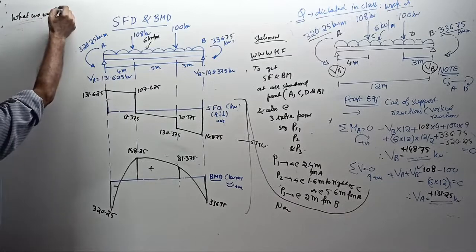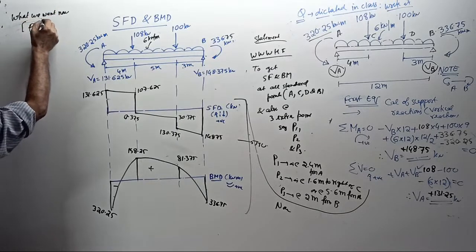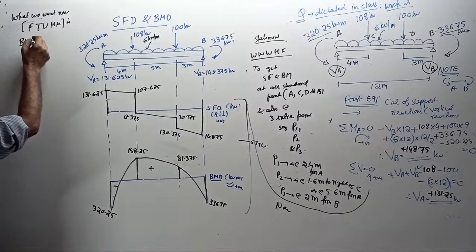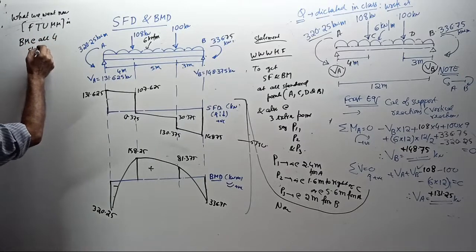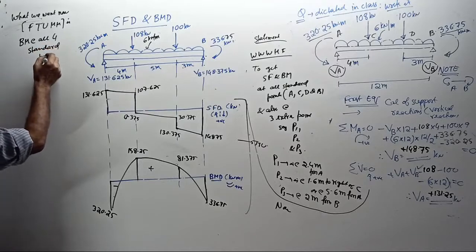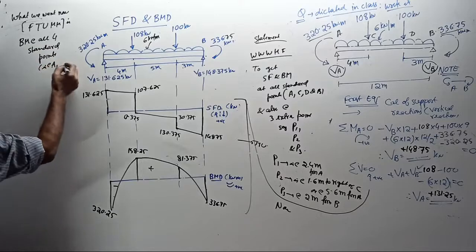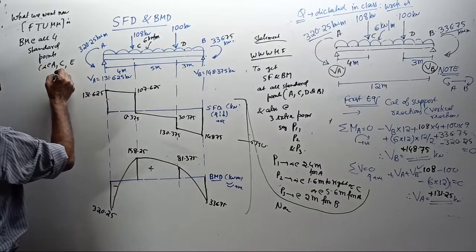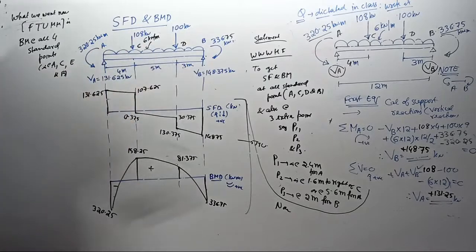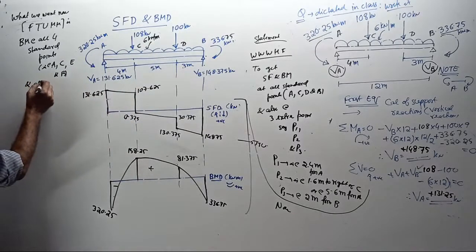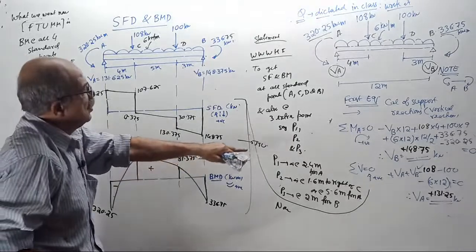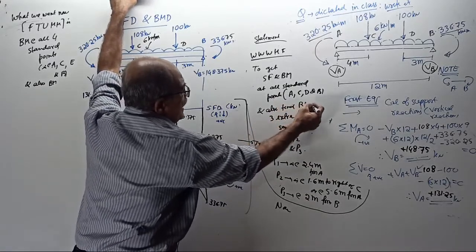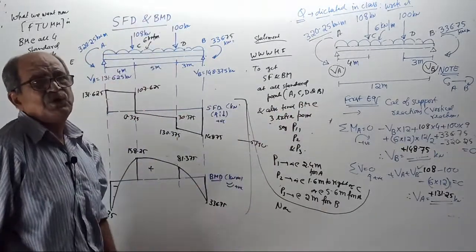For thoroughly understanding Macaulay's method, we want the bending moment at all 4 standard points, that is at A, C, D, and also B. I think I wrote shear force there. No, shear force is cancelled. Also find bending moment at 3 extra points. Shear force not required. Why waste time?